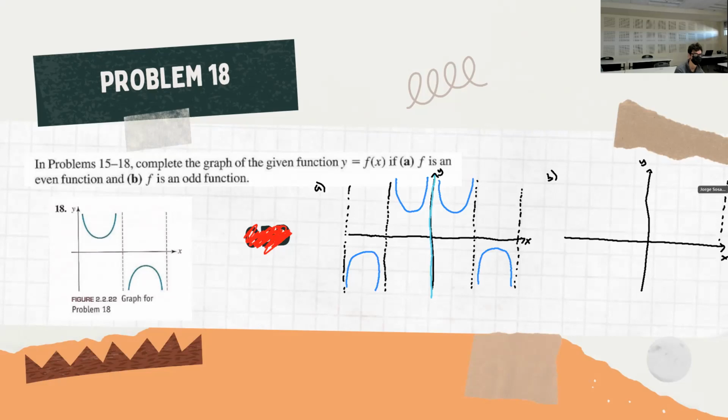One asymptote here, one asymptote here, one asymptote here. And the original function is going to be a U here and a U here.